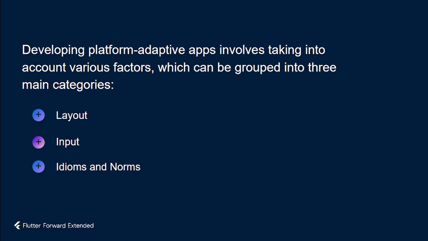Input includes things like mouse, keyboard, and touch, and even hovers and context menus. Idioms and norms are things that are normally tied to particular platforms, so there are things that are expected on a certain platform. Could be mobile, iOS or Android, could be desktop, Windows, or Linux.